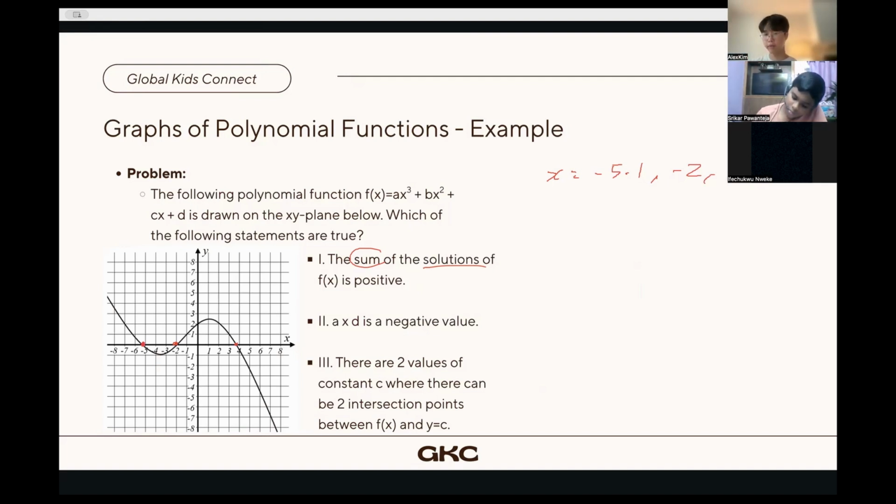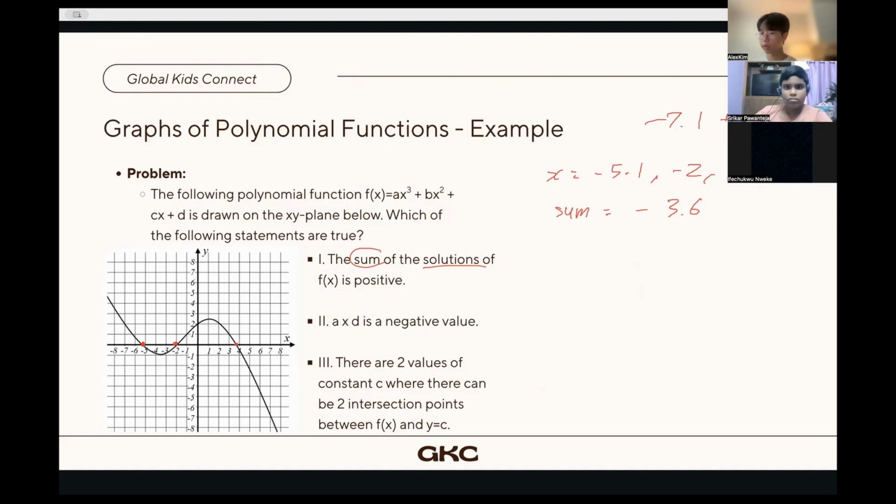Let's say, for example, it's around 3.5. If we add each of these solutions up, the sum will be negative 7.1 plus 3.5, which gives us negative 3.6 as our sum. The actual exact value might be different, but the general ballpark is still in the negative area.